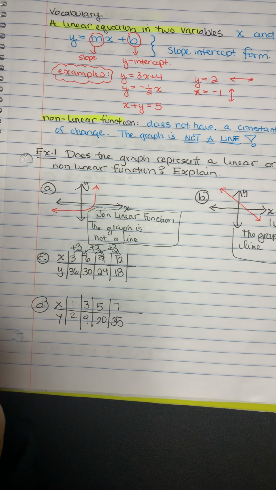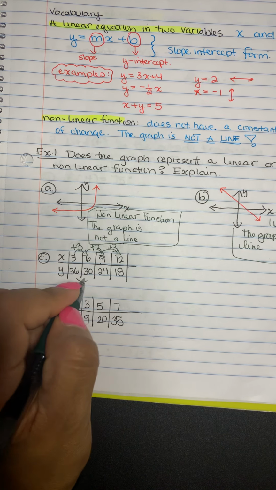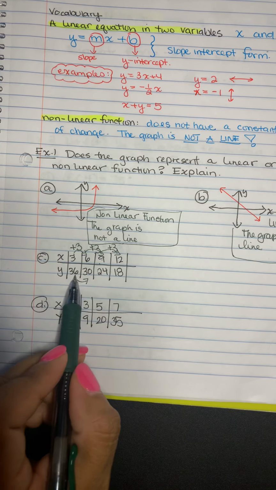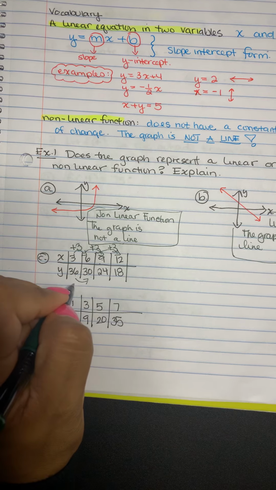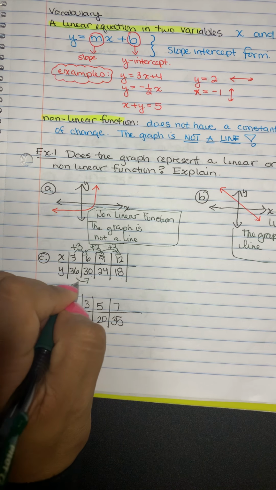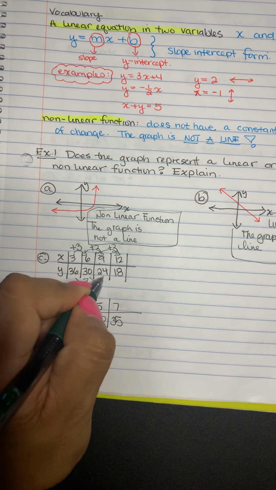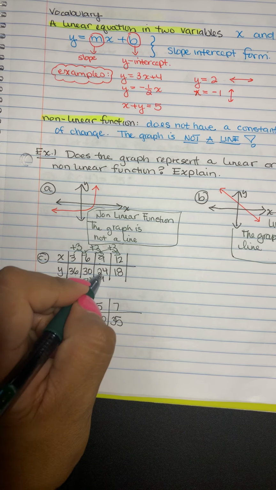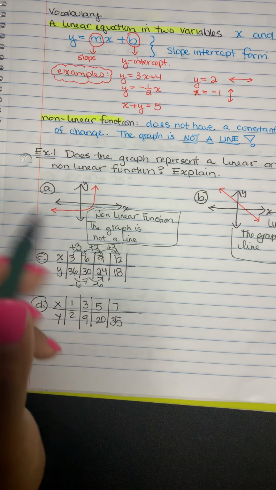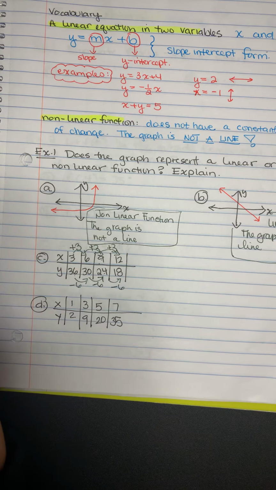Okay, so now let's check these values down here. 36 to 30. So we're starting with a large number, and it's getting smaller. And the number that we're subtracting each time, well, for the first set is 6. 30 to make 24, we have to subtract 6. 24 to 18, very nice, minus 6.